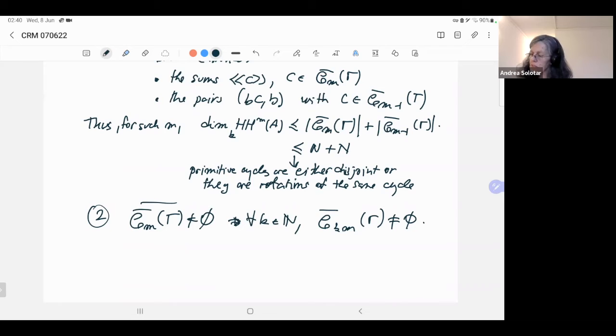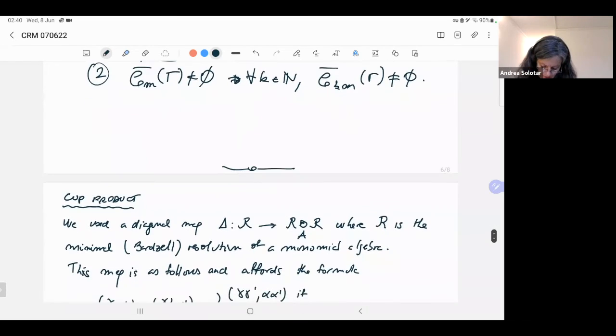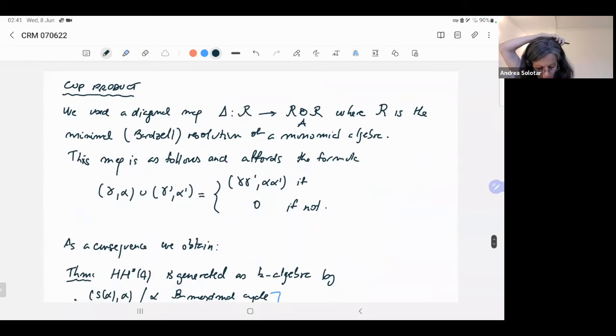So let me, in the 5 minutes I have left, mention the cup product. So we have used a diagonal map here for the Bardzell resolution, which is the minimal resolution for a monomial algebra.